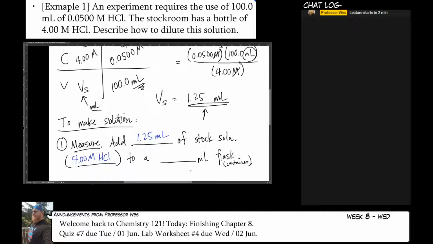How much do I want to make? I want to make 100 milliliters. So in other words, for our little template here, I added VS milliliters of stock solution, which was CS, to a volume flask, which we know.